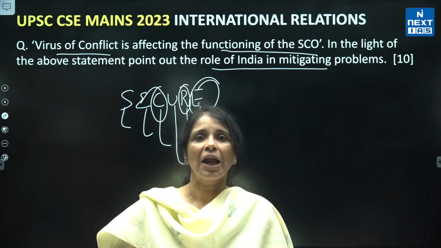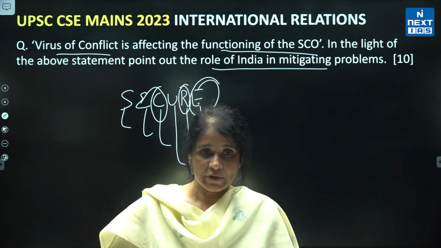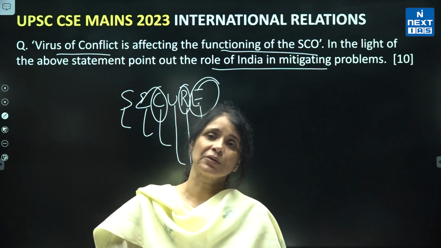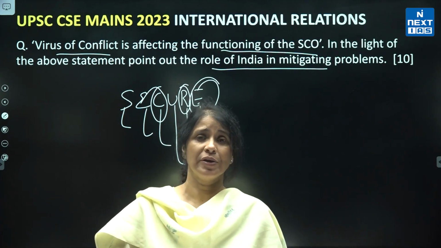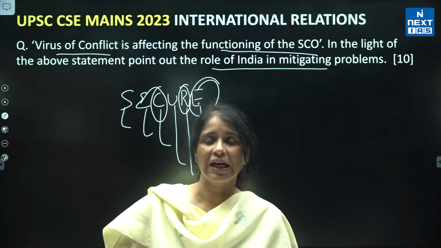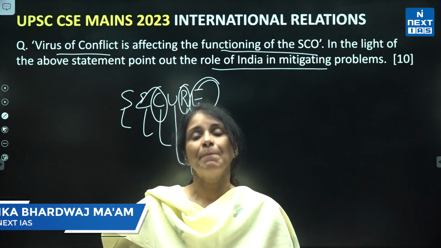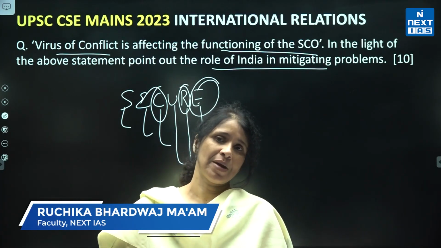So India can be a uniting factor within the group. There are so many areas where India can use its experience and expertise to bring the countries together, to help them mitigate the issues within the member countries.